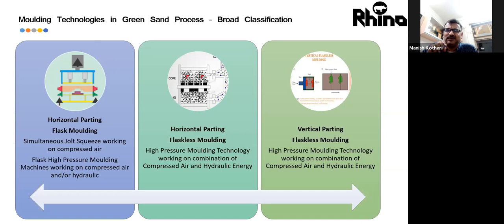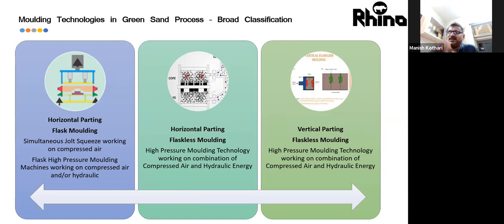Jolt squeeze molding machines and flask molding machines are in the first category, which is horizontal parting with a box. Then there is horizontal parting without a box, which has also gained a lot of popularity as of today.